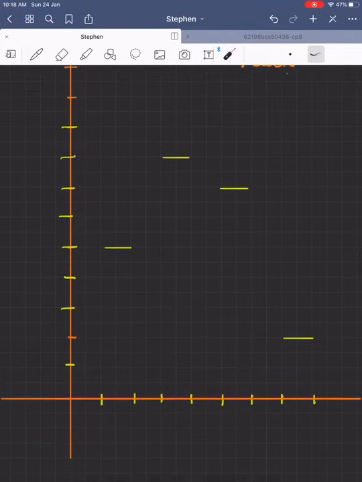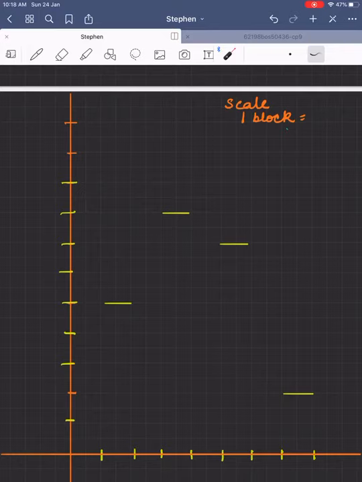So children, here you can see we have vertical line. So it represents y-axis. And here we have horizontal line and it represents x-axis.